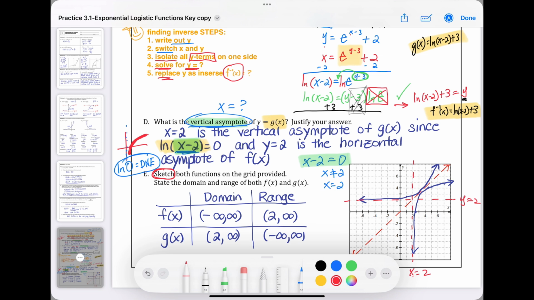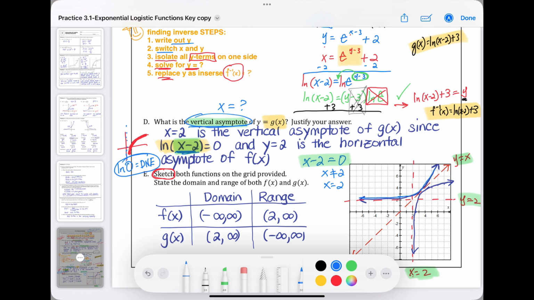By definition, because exponential function and log function are the inverse function of each other, they will reflect over this magic line, which is y equal to x. That is my reflection line. So bound by those three beautiful asymptotes, okay? So I can sketch my function.